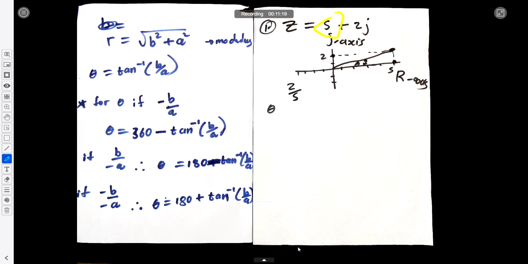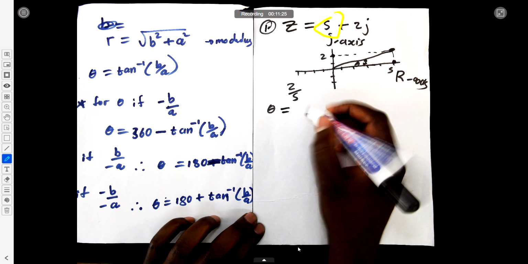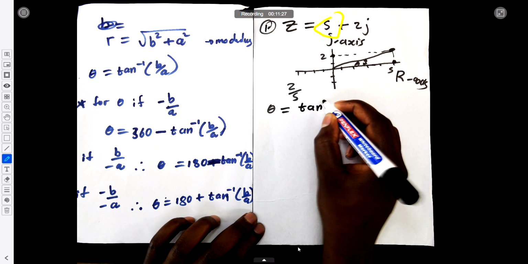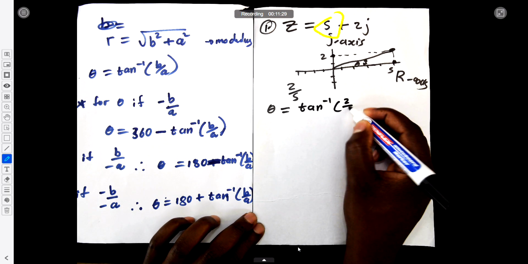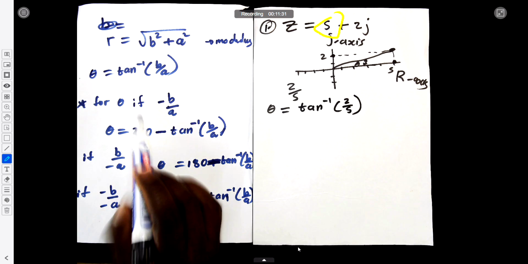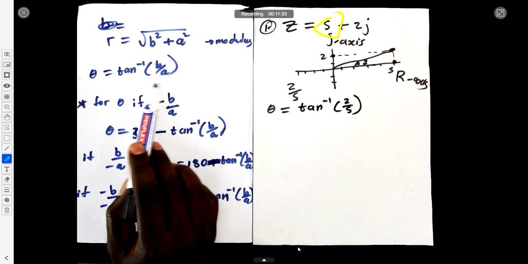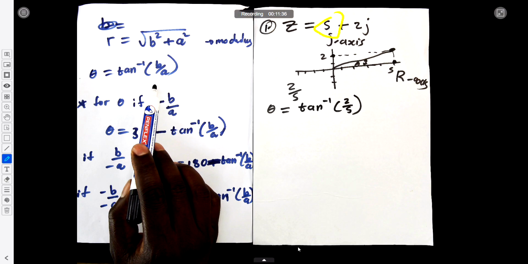B over A is positive, which means the solution is in the first quadrant, where tan is positive. So theta equals arctan B over A according to the formula, where B is the coefficient of j and A is the real part.